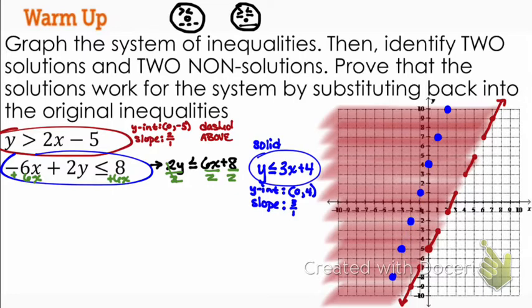Question, would these two lines ever intersect each other? I heard both answers. What do we think? Would they ever intersect each other?